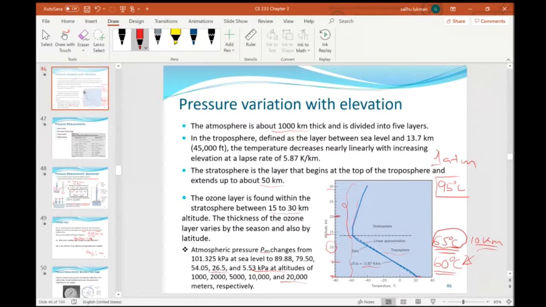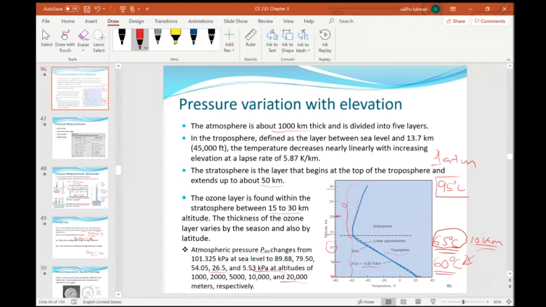When you go higher, up through the troposphere, you can see that as you go higher, the atmospheric pressure reduces. It keeps on reducing, because the atmosphere is about 1,000 kilometers thick, and as you go higher, the amount of air reduces.